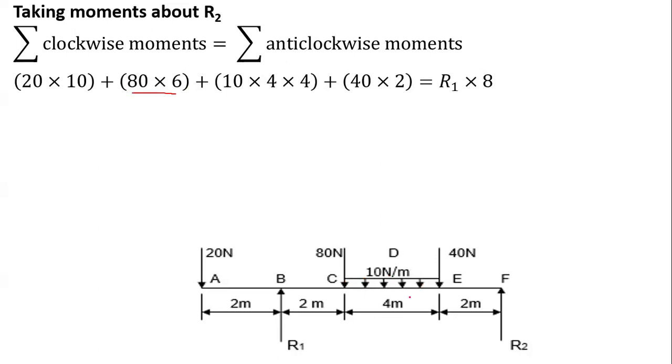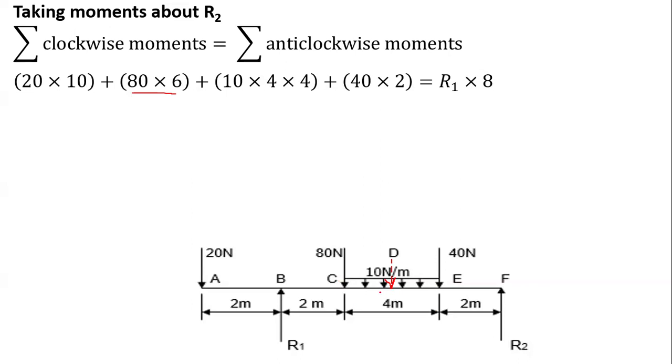Now, what am I going to do? Whenever we have a UDL like this, what we expect is that the whole of it is concentrated at the center, here at the center. Considering that the UDL is only covering 4 meters from there to there, what is the center of 4 meters?